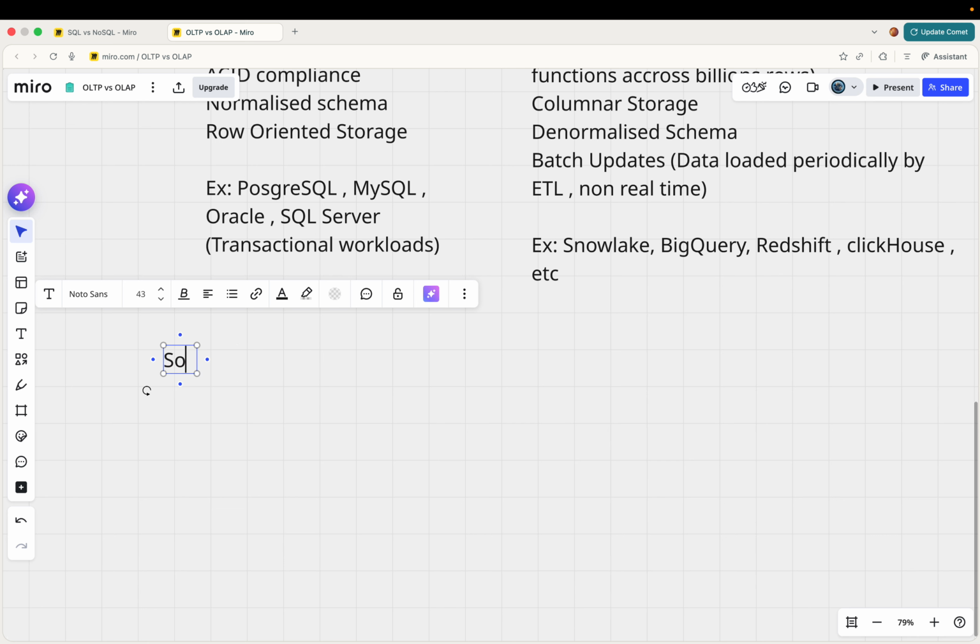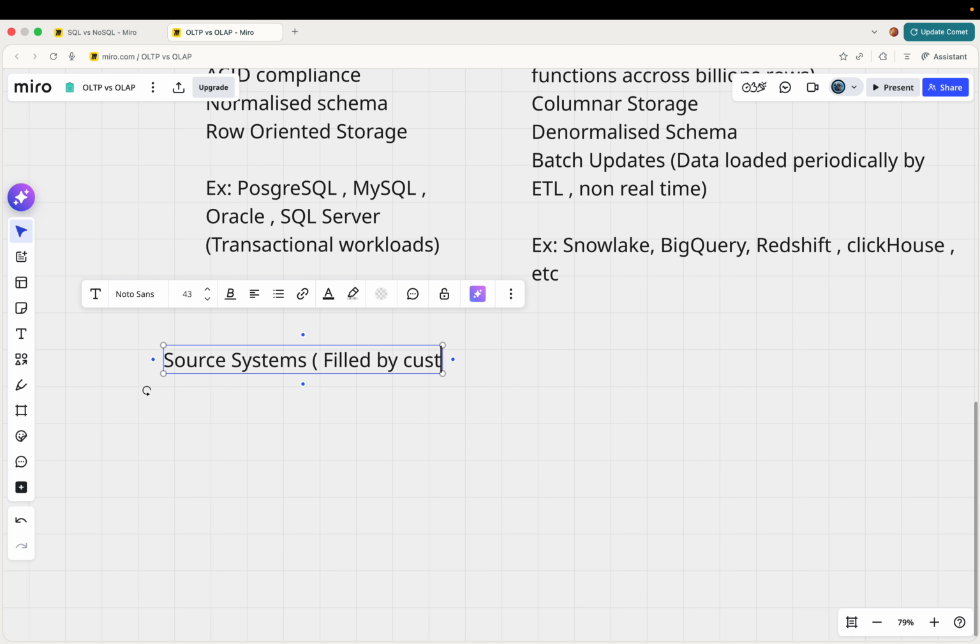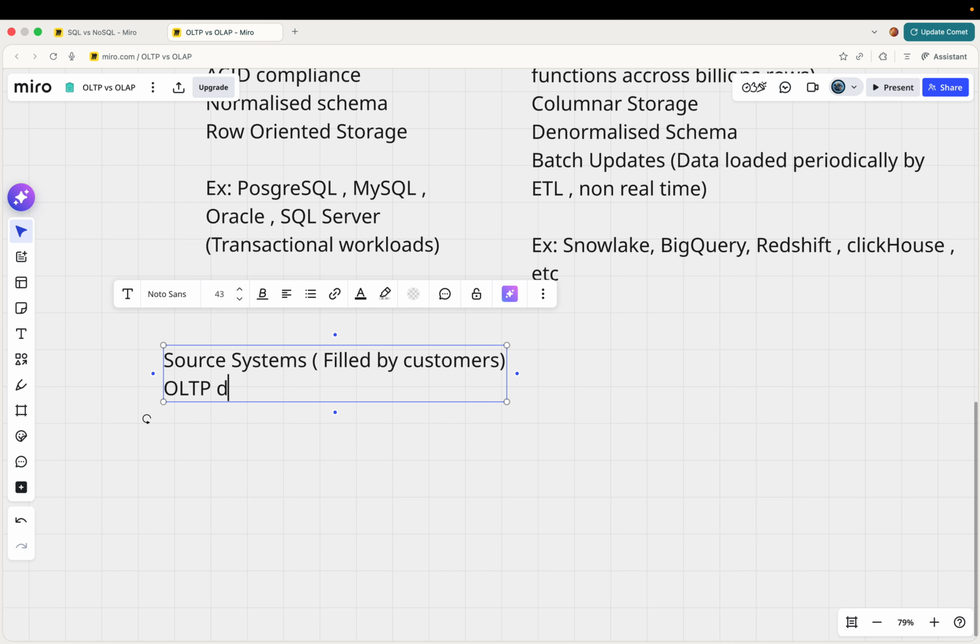Source systems are filled by customers' interactions first. So these are stored in what? OLTP databases.